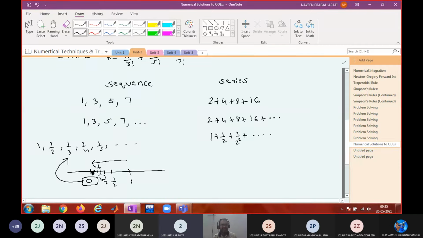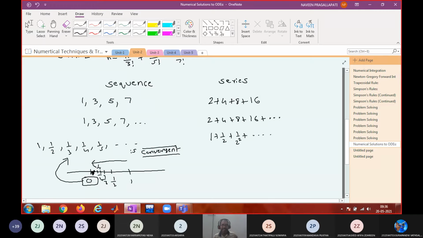It is not necessary that the number to which the sequence is approaching is a member of the sequence. If the members of the sequence are approaching a particular number, then we say it is a convergent sequence. What is this called? A convergent sequence.